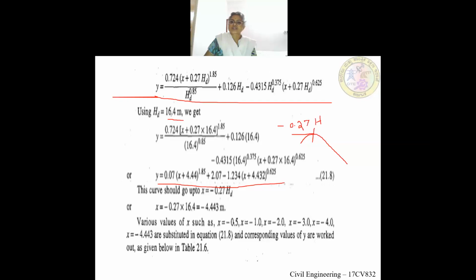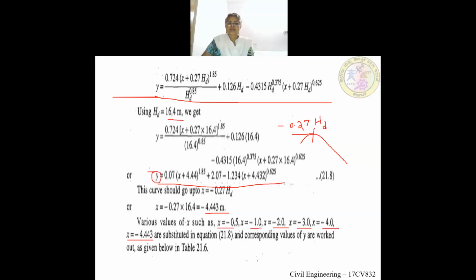So you calculate what is minus 0.27 HD. Minus 0.27 into HD, which is 16.4, that is minus 4.443 meters. So now you take different values up to this distance. Take x is equal to minus 0.5, minus 1, minus 2, minus 3, minus 4, then finally minus 4.43. Substitute in this equation to get the corresponding values of y.